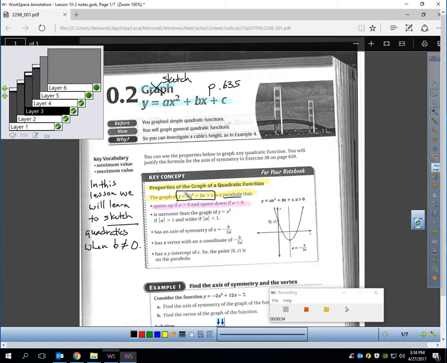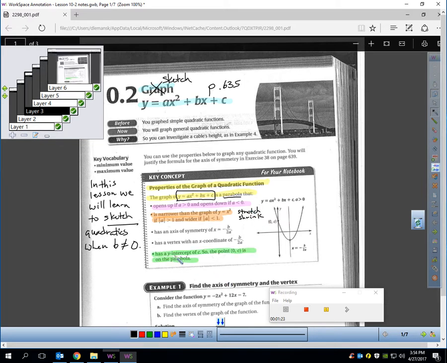And if the a value is negative, the parabola opens down. We already know that. We've already learned that if a is a value bigger than 1, it's going to stretch your graph. And if a is a value between 0 and 1, like a fractional amount, it's going to shrink the graph.